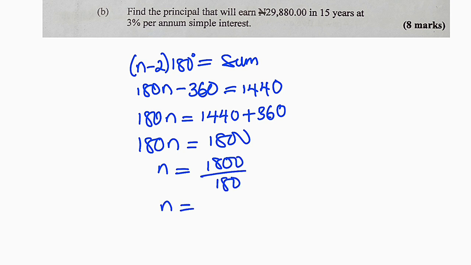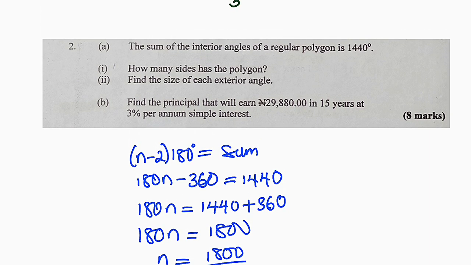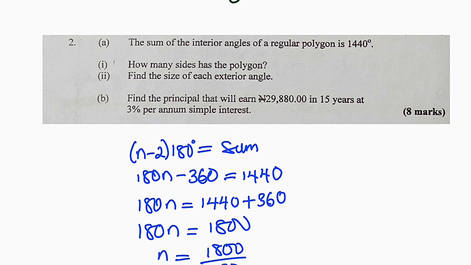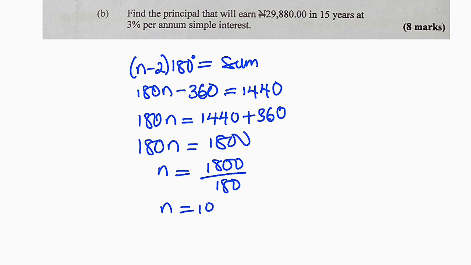And n is equal to 10. This implies that that particular polygon has how many sides? 10 sides and 10 angles. So since it has 10 sides, it means it is a what? Decagon. So we have answered Roman 1 of A part.